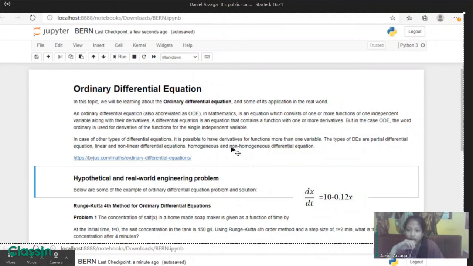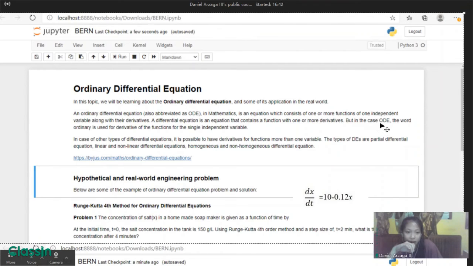So the topic that I chose is ordinary differential equation. What is ordinary differential equation? In mathematics, it is an equation which consists of one or more functions of one independent variable along with their derivatives. A differential equation is an equation that contains a function with one or more derivatives.